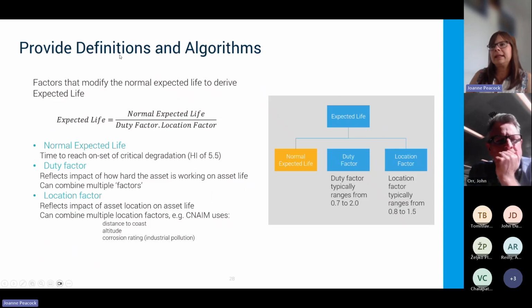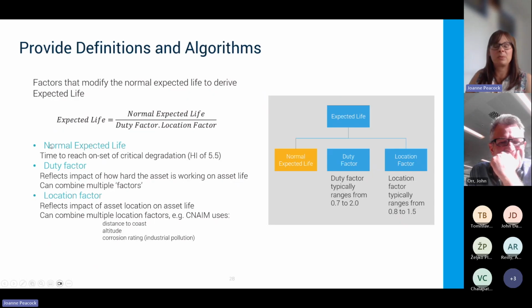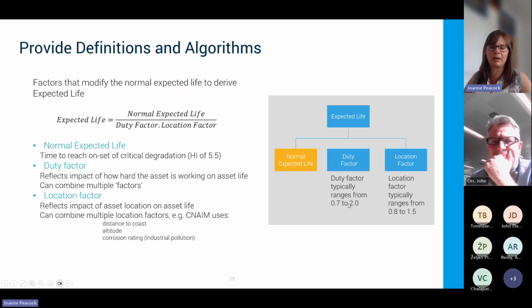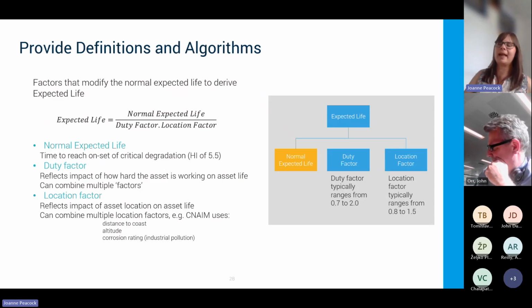We're also going to look at some of these definitions and algorithms. All of the algorithms that sit within the methodology, we'll unpick those, put some definitions on them, and tell you what the typical ranges are. So if you are thinking about taking this away and applying it to your own assets, you'll get some guidance as to how to calibrate the methodology.